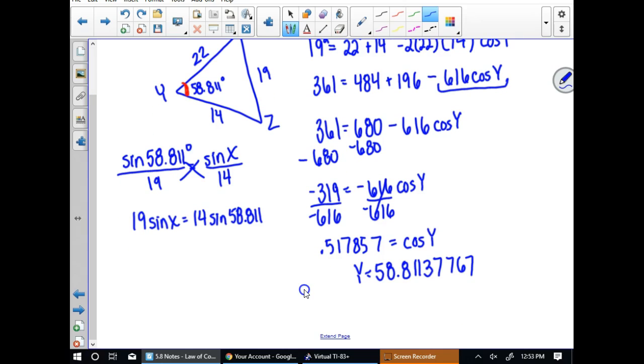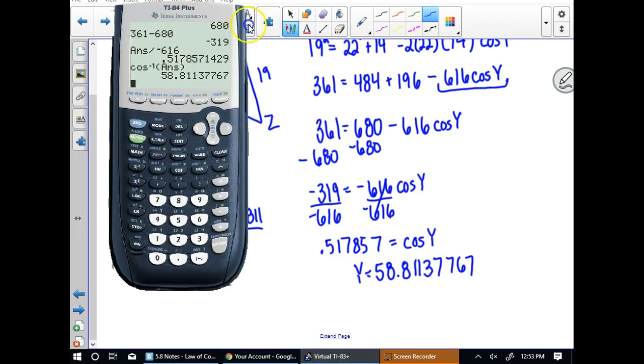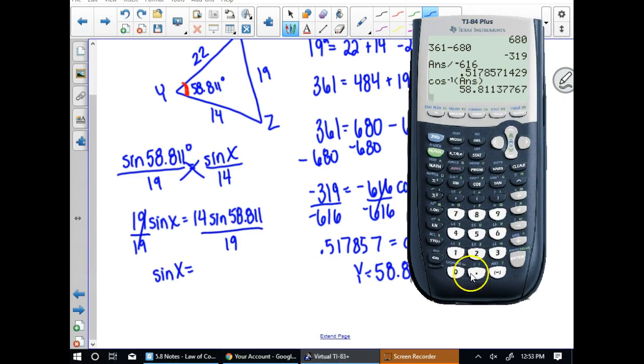And if we're solving this, we need to divide by 19. So sine x equals, on our calculator, we're going to type in 14 sine of the second answer so that we don't have to type that whole thing in, and then divide by 19.